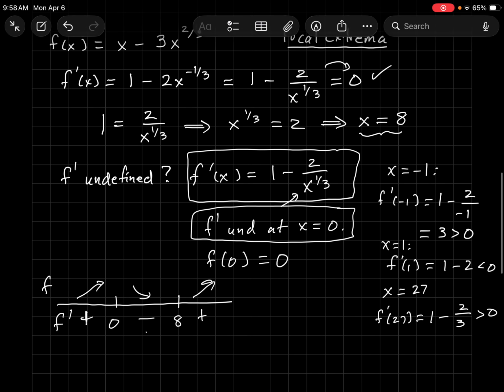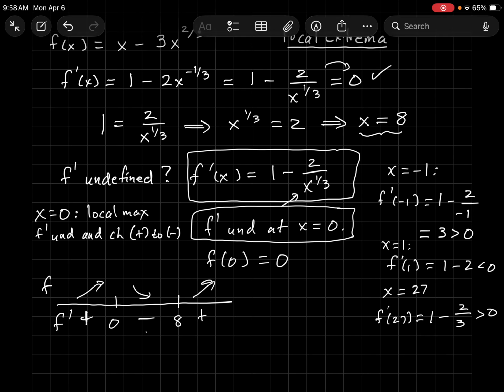And what does that tell us? Well, x equals 0 is a local max. Why? Because f prime is what? Undefined and changes positive to negative. I'll do really abbreviated work for us.